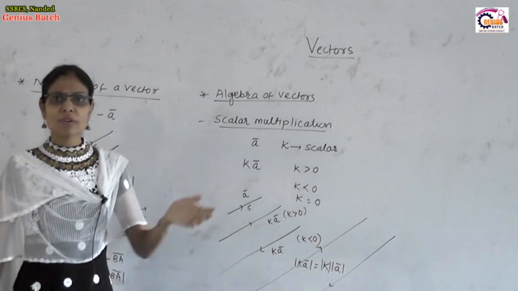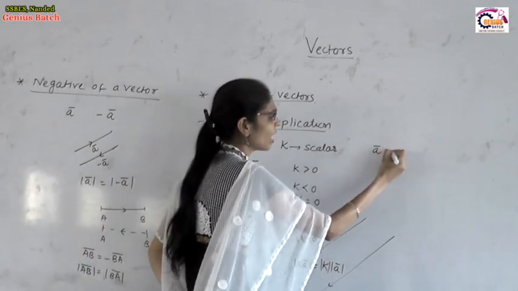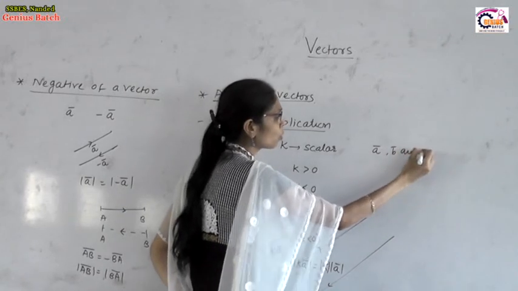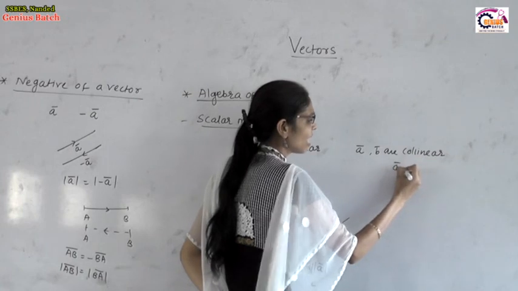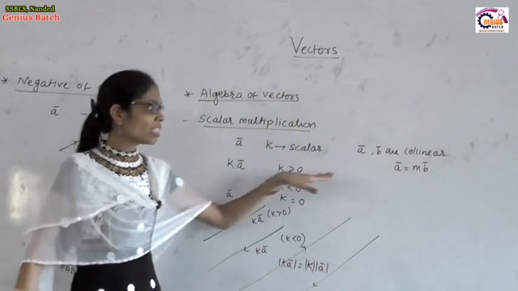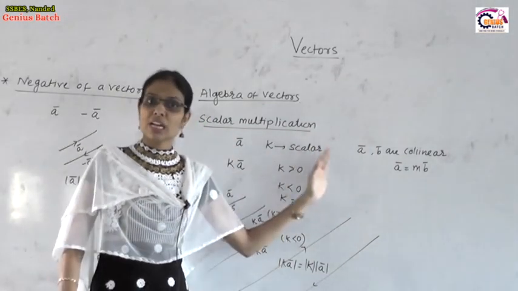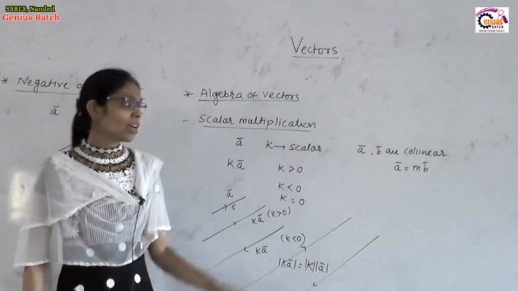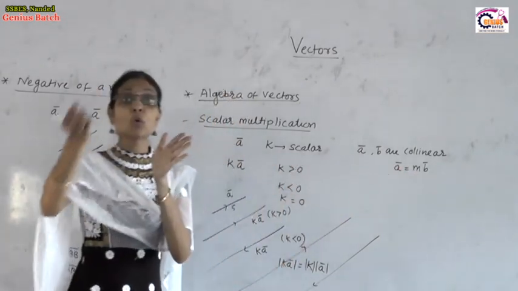So you have one theorem there, if two vectors, vector A and vector B, are collinear, then one can be expressed as scalar multiple of other. So that's why this scalar multiplication plays an important role in case of vectors problem. Why? Because whenever you multiply a vector by a scalar, you get a collinear vector.